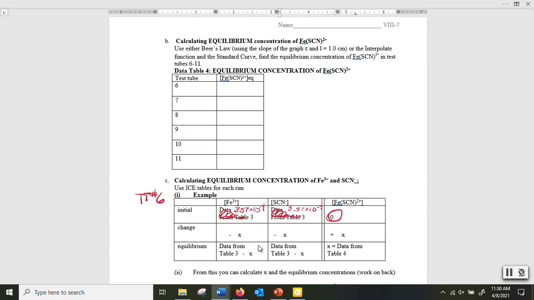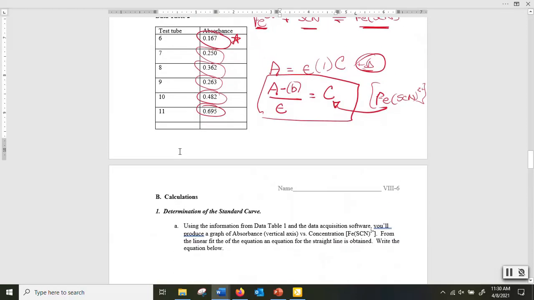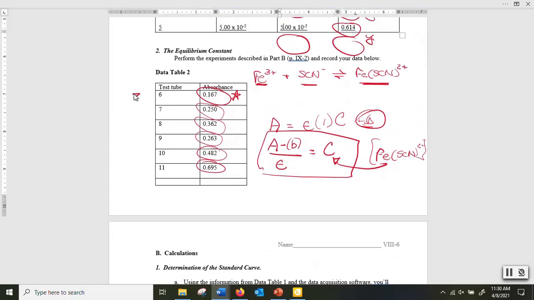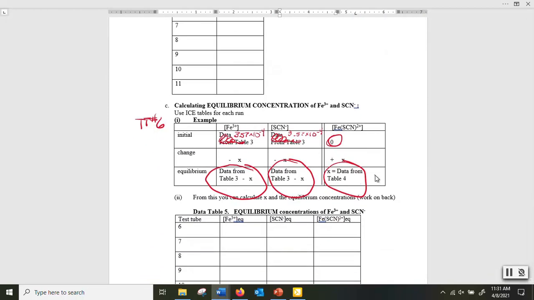And now you're going to be figuring out from the absorbance way up here, these absorbances of your unknowns, or of your FeSCN, and then the calculation for the FeSCN, you're going to know what this FeSCN at equilibrium is. In other words, you're going to know X. That you're going to know.